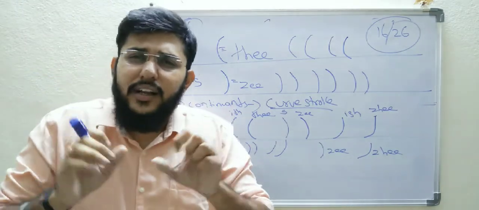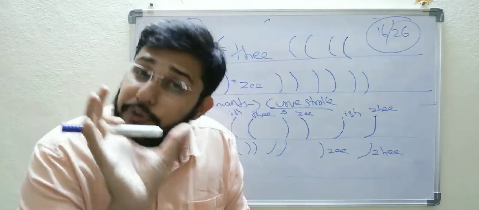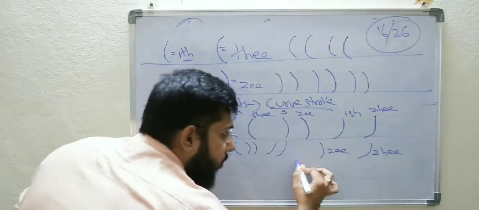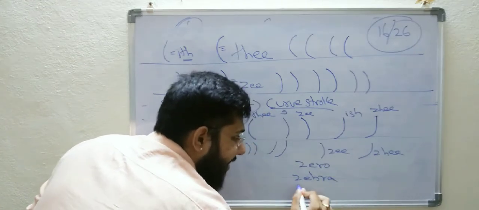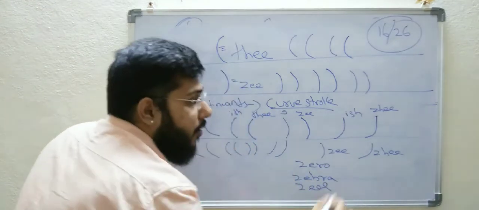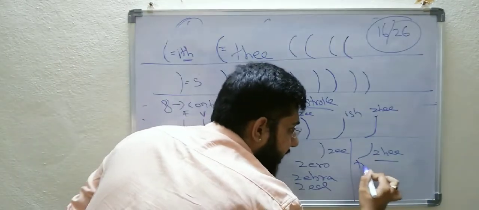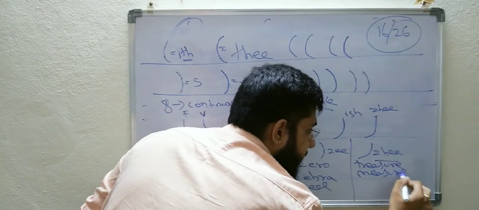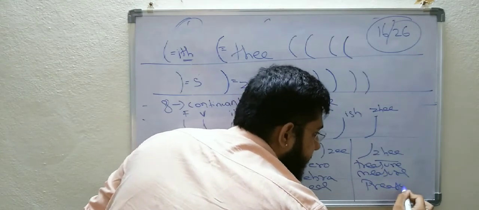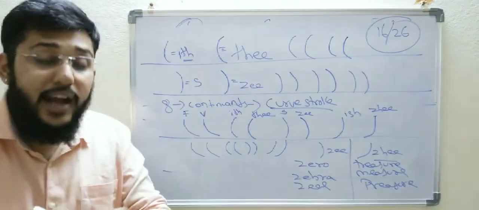Very simple. In steno, there are few words, that is zero, zebra, zeal. Whereas coming to treasure, measure, pressure.